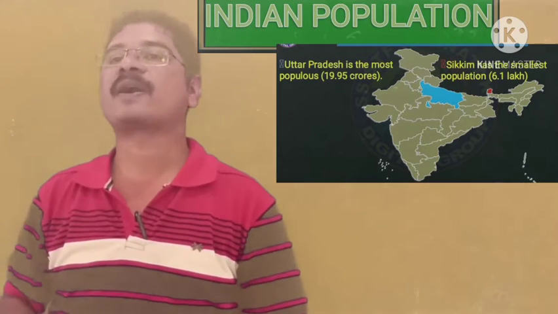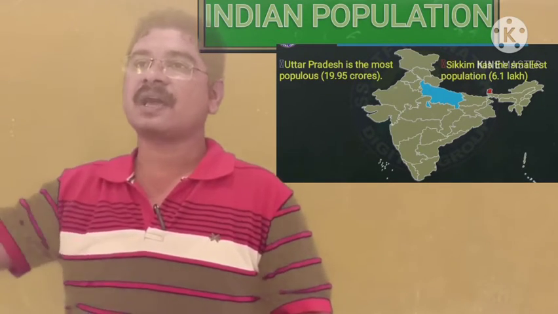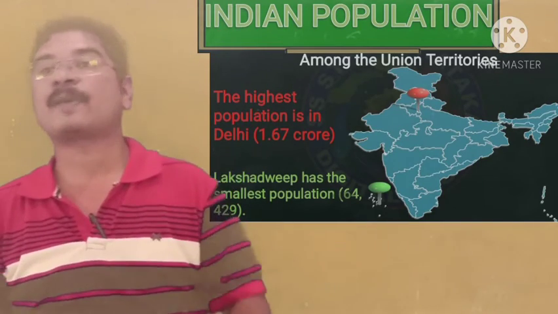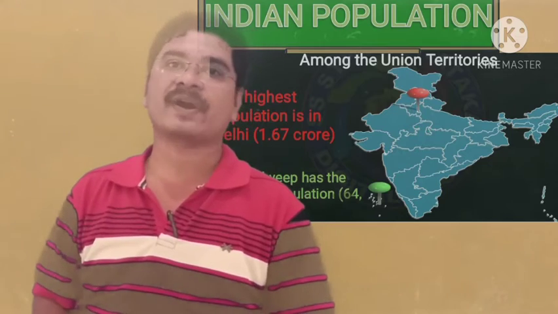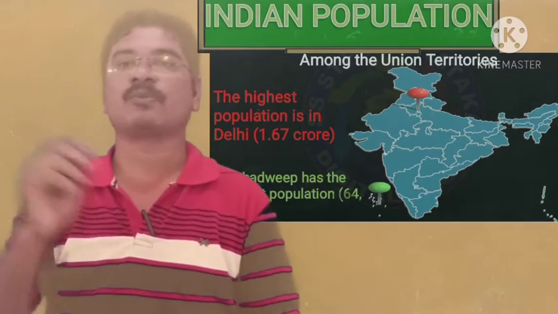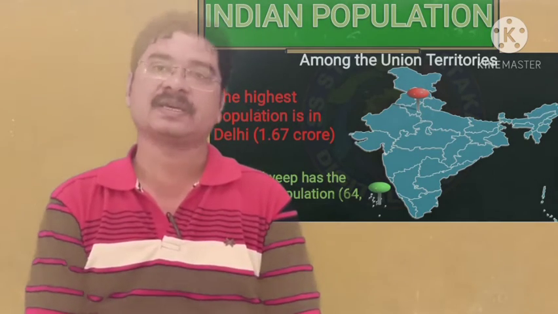Just 6.1 lakh population can be seen. Among the union territories, the highest population is in Delhi, 1.67 crore. The other, Lakshadweep, has the smallest population, 64,429.